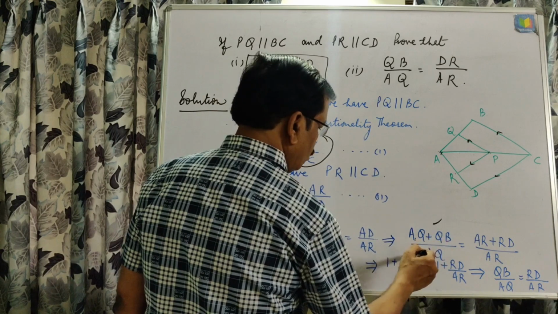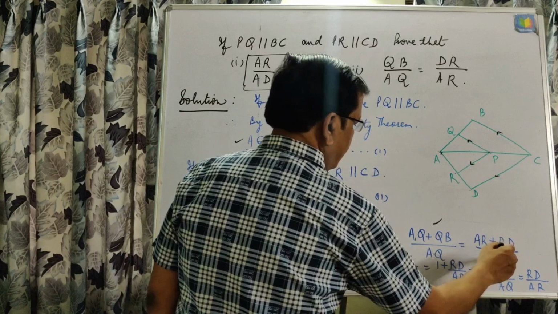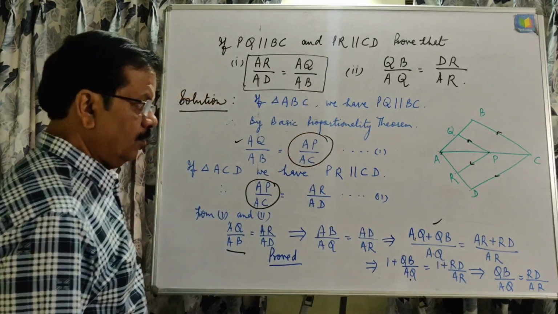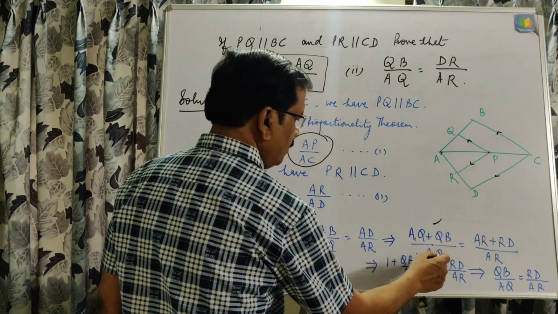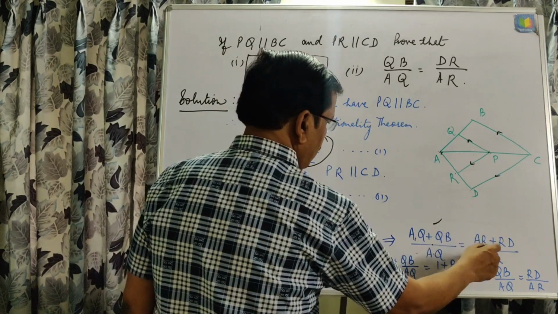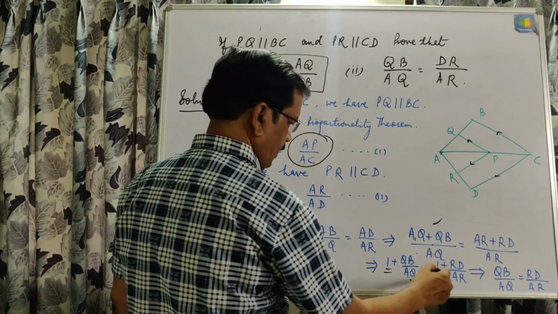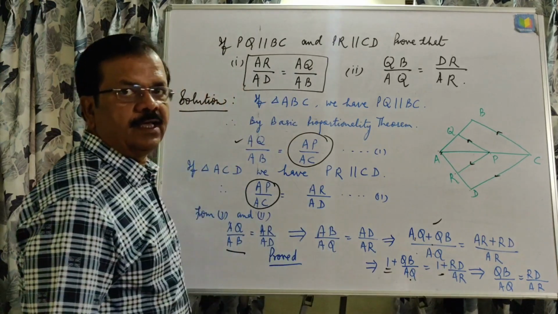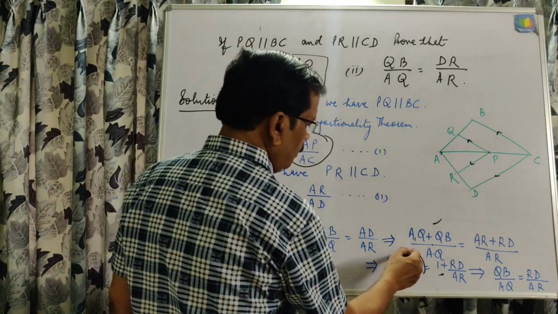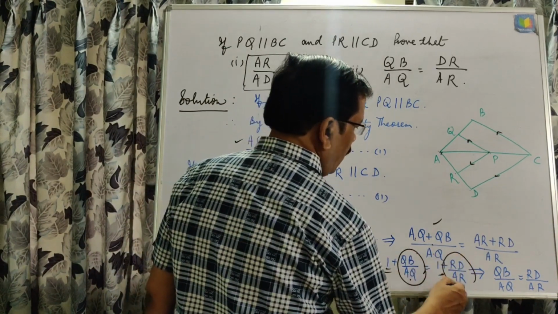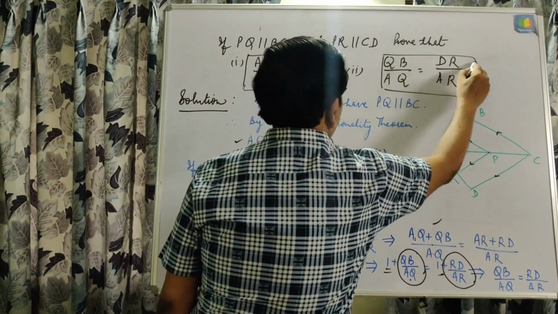So 1 plus QB upon AQ will be equal to 1 plus RD upon AR, because this can be written as AQ upon AQ plus QB upon AQ, and here AR upon AR plus RD upon AR. We will get 1 on the left hand side, in the same way 1 on the right hand side. So cancelling, we are getting QB upon AQ is equal to RD upon AR. This is what we have to prove.